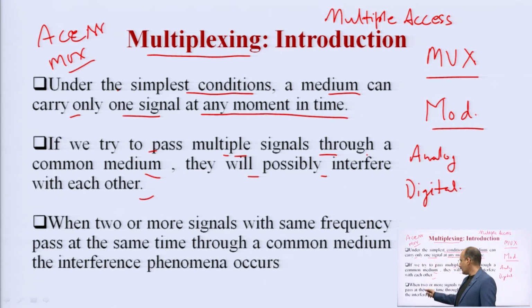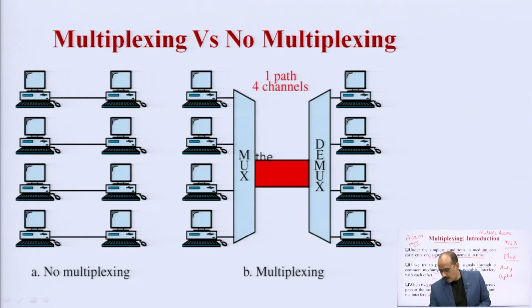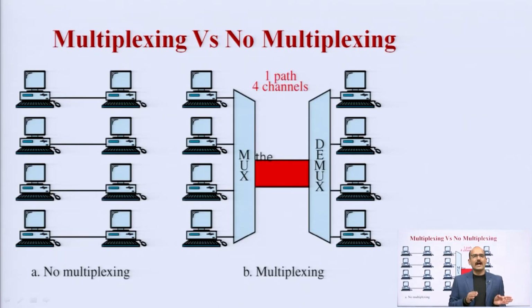When two or more signals with the same frequency pass at the same time through a common medium, the interference phenomenon occurs. So, we have to design an arrangement which uses that channel for only a single user, that is our main requirement. This is the typical diagrammatical example of multiplexing and no multiplexing.